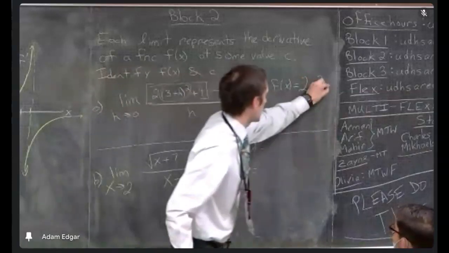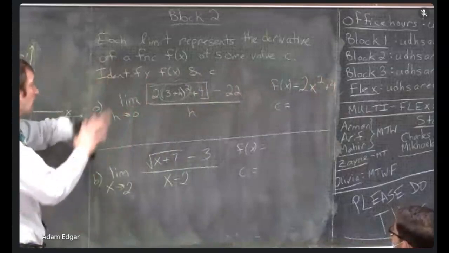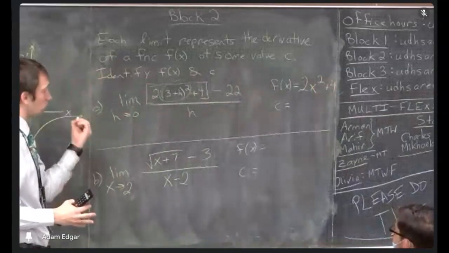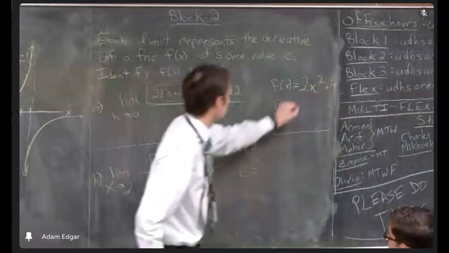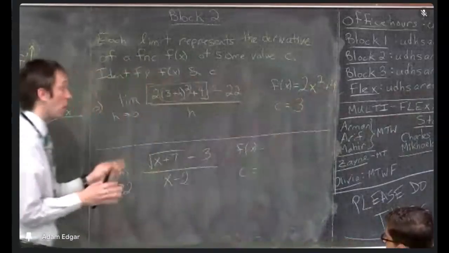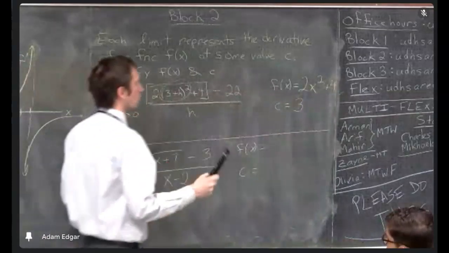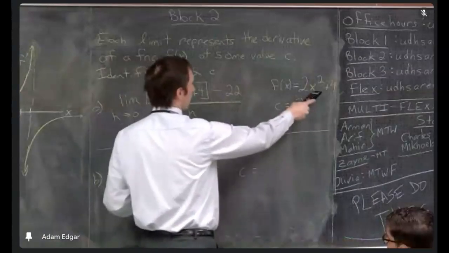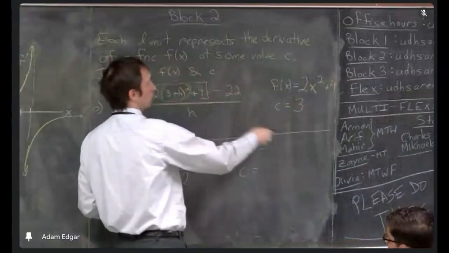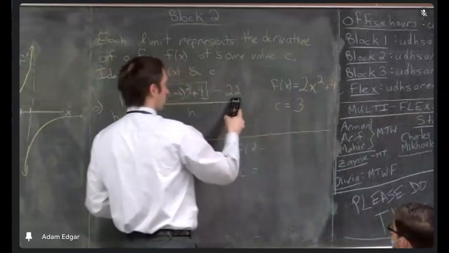So that's our function. And then this is the derivative not at any old x, but at a particular value we'll call c. What's that c value? 3. So c is 3. And if you have no confidence in yourself, then you can double check. If you take this number and plug it into the function, you should get 22. So double check, 3 squared is 9, times 2 is 18, plus 4 is 22. Hey, that's what we're subtracting.